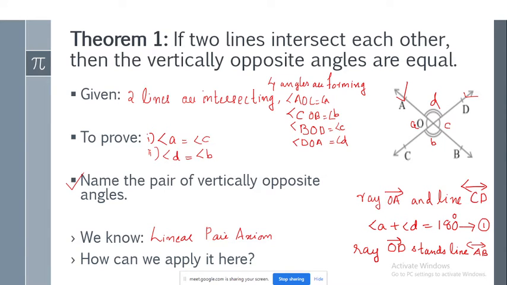Yeah, Vasanta is saying angle D plus angle C is 180 degree. What about Ramya? Ramya is talking about the first one. What about the second? Now I am taking ray OD and line AB. So, what about that?